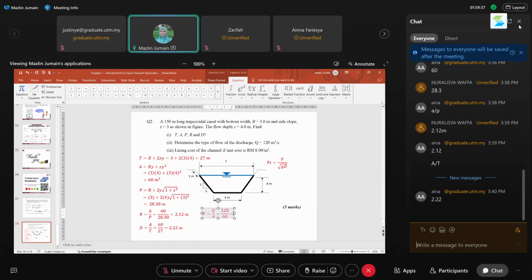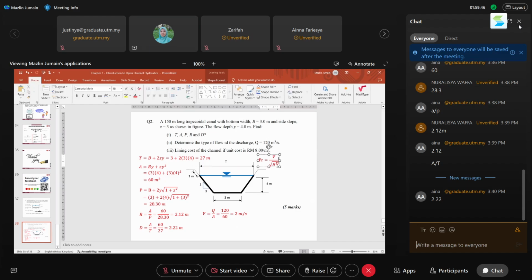So this one become 2 meter per second. Okay. And then using this equation, you just replace the value for V. So V equal to 2 and then G 9.81. And then for D, D is 2.22.